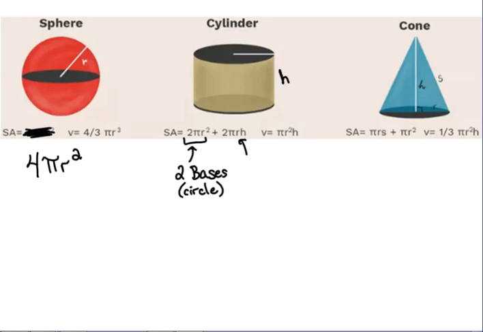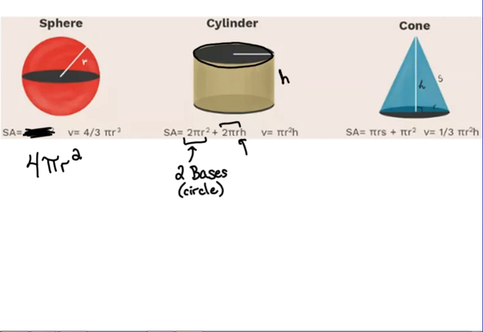The circumference of the circle. If you go all the way around this circle and you unroll that, that's going to be the length of that rectangle. That's where the 2 pi r comes from. 2 pi r is circumference. So that's the width of your rectangle times your height. The width is the circumference, the height is the height of the cylinder. That's where that formula comes from.